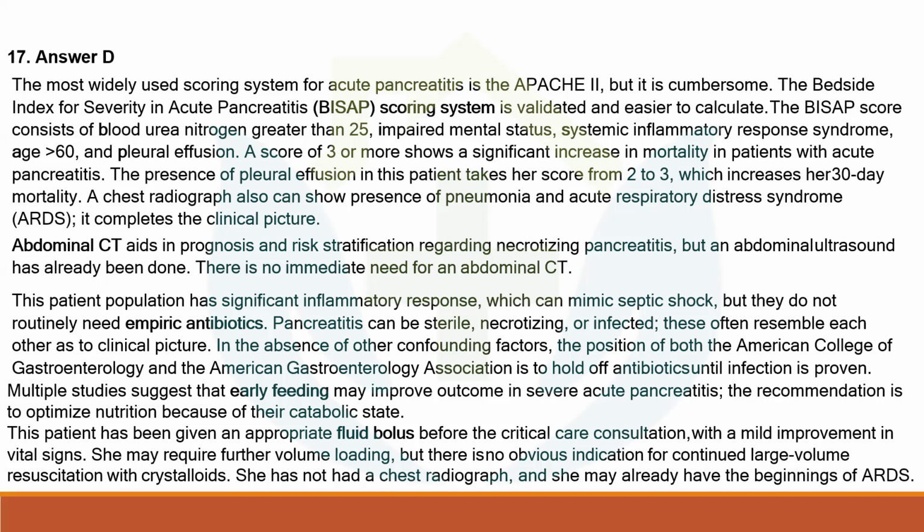A chest radiograph also can show the presence of pneumonia and ARDS. It completes the clinical picture. So the 30-day predicted mortality in acute pancreatitis would be very easy if you can do the BISAP scoring. For the BISAP scoring, you need to know whether there is a pleural effusion or not.